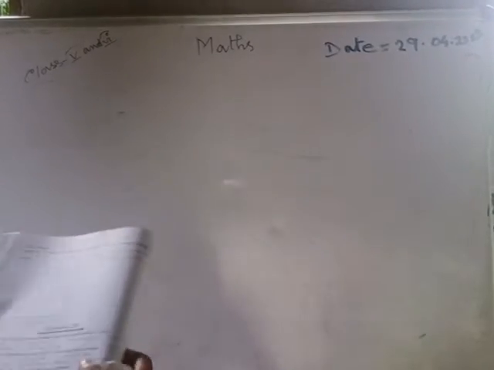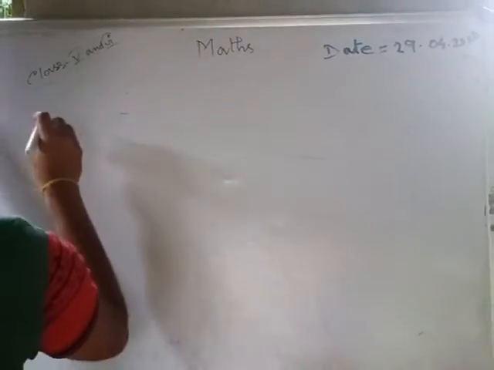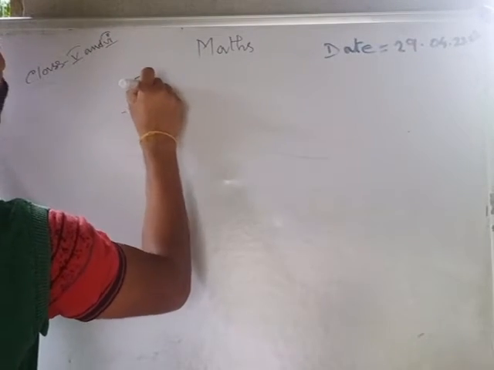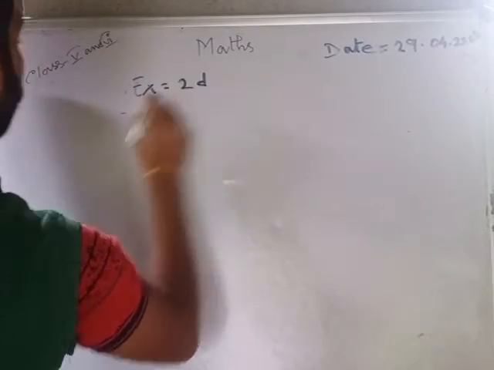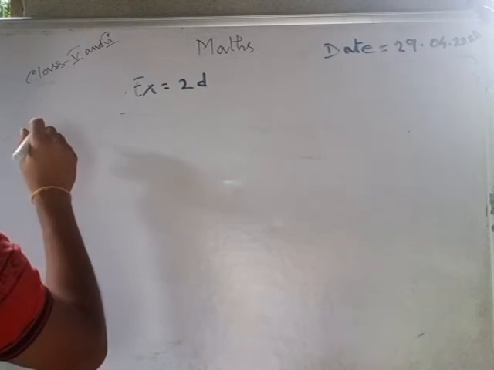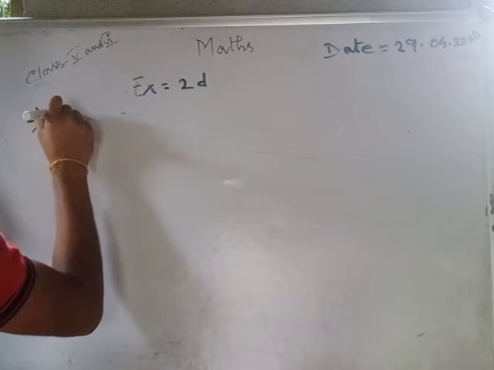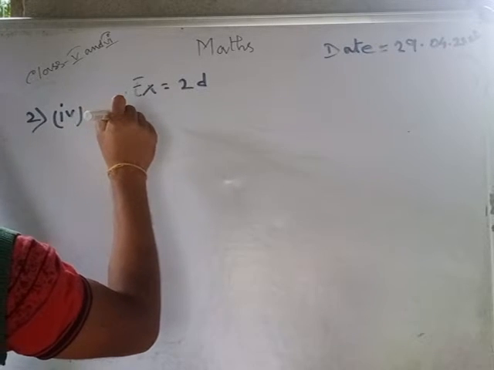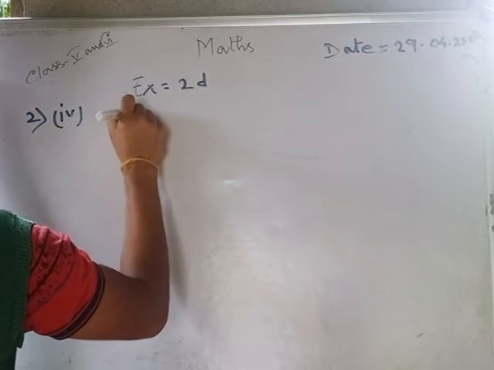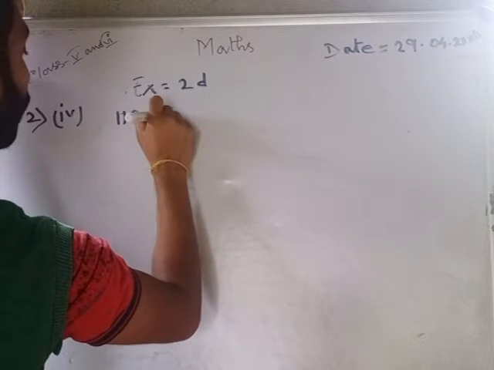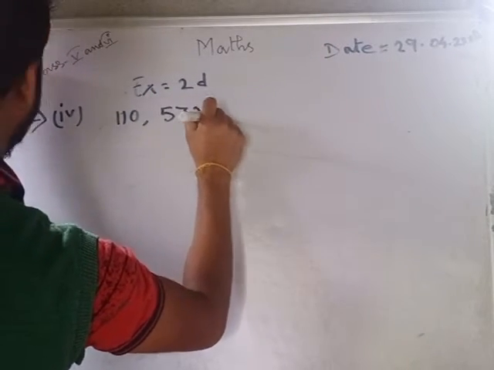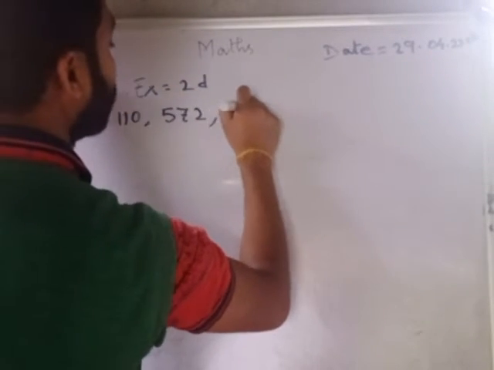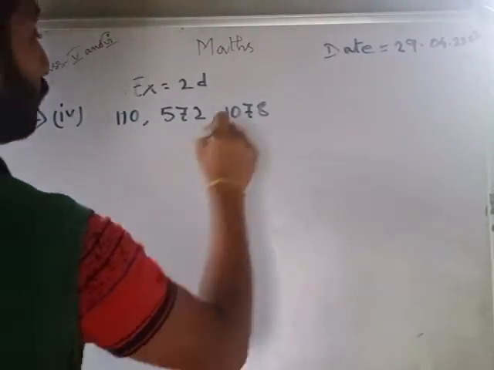Suppose it is here, Exercise 2D, question 4: 110, 572 and 1078.